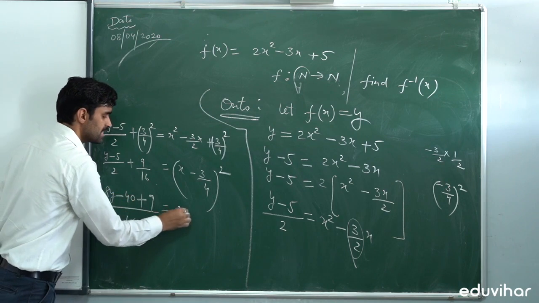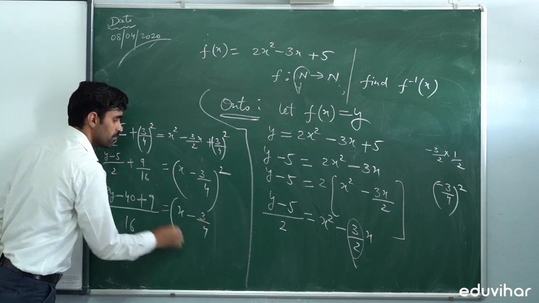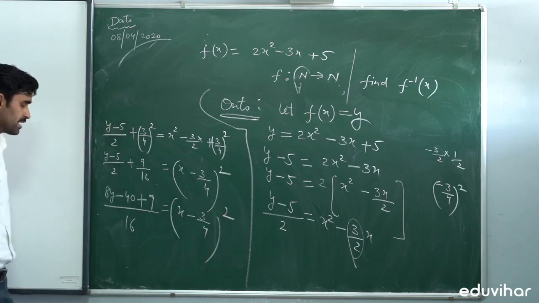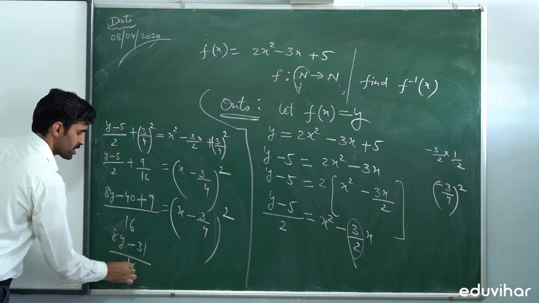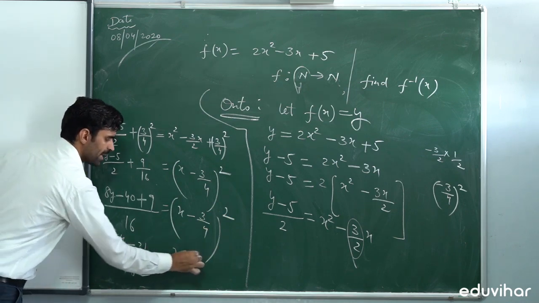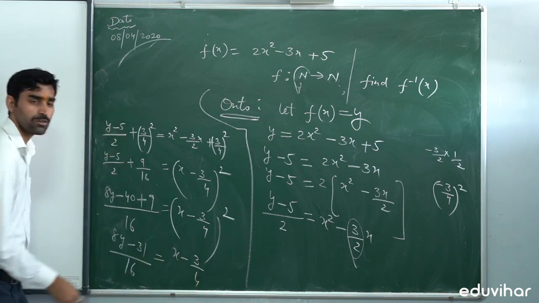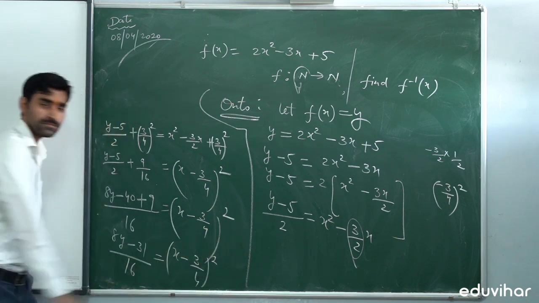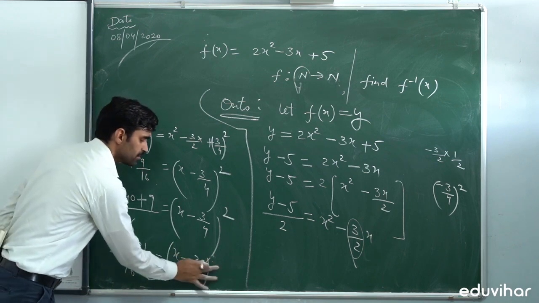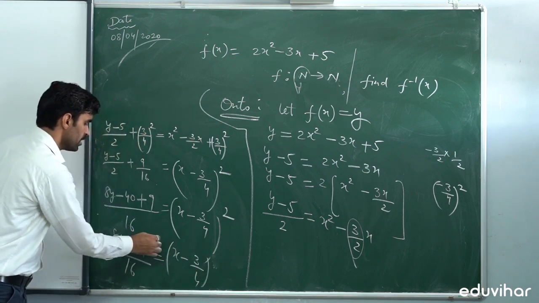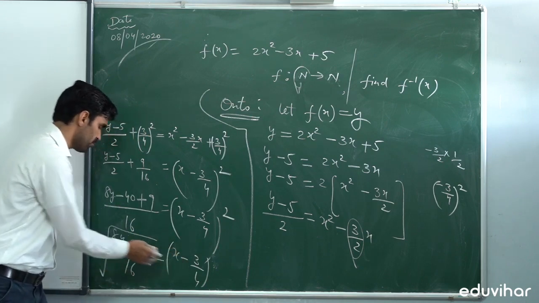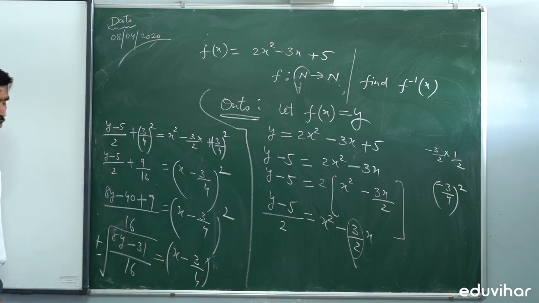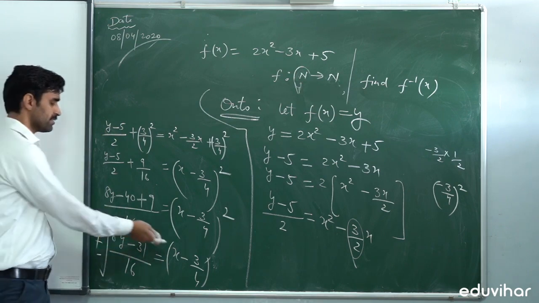We have the result x minus 3 by 4 whole square as (8y minus 31) upon 16. Taking the square root, we will get the result as plus minus (x minus 3 by 4) equal to plus minus root of (8y minus 31) upon 16.